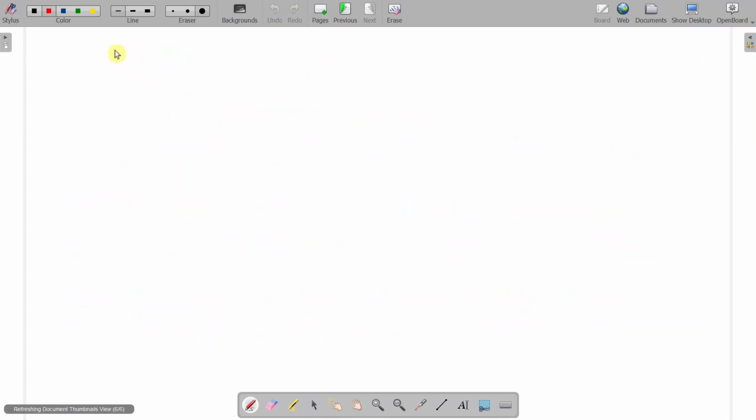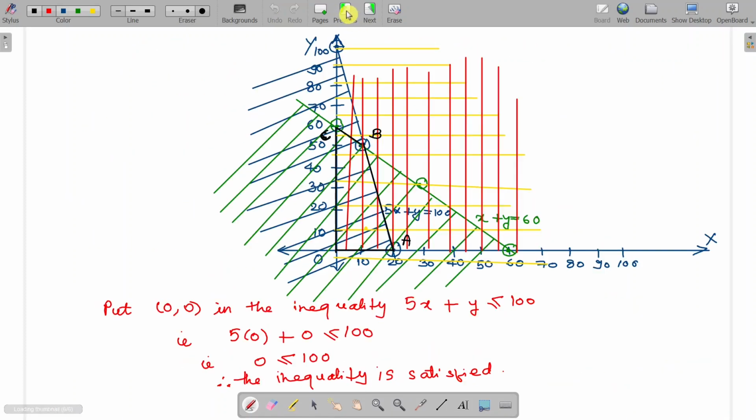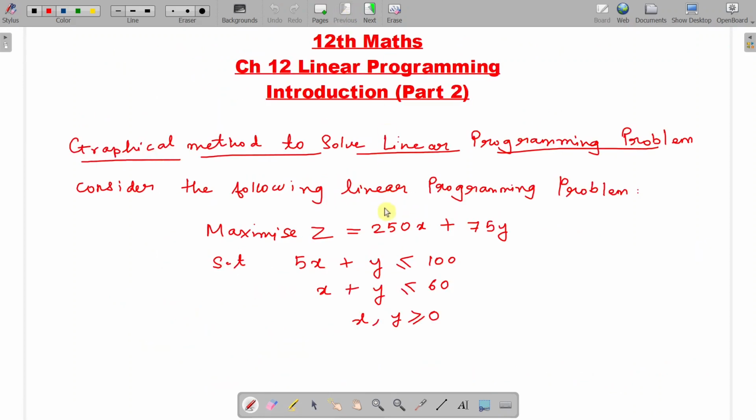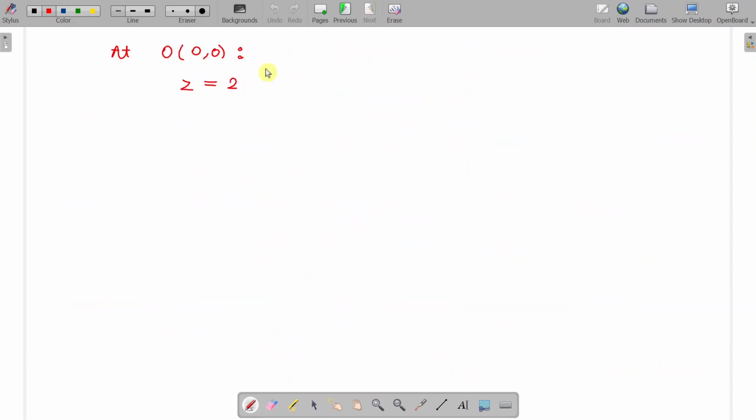So that means at origin, which is 0, 0, what will be Z? So Z will be, see, Z function is this here, 250x plus 75y. So that means 250 times 0 plus 75 times 0, which is 0, right?